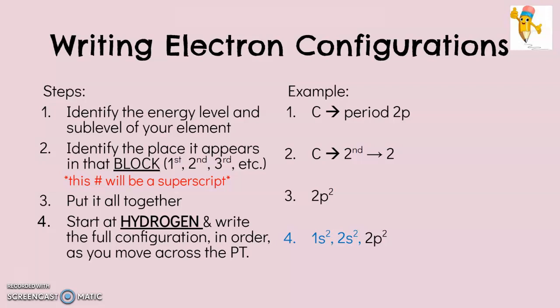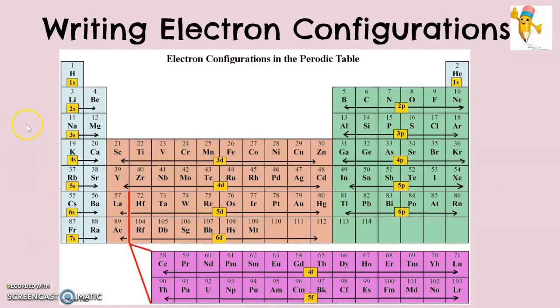So for every element you have to write a configuration for, you would need to include those before your final element, okay? So we know that the configuration is going to end with 2P2, but we have to start at hydrogen. So let's go back and take a look. So hydrogen, this is where we start for every element. And then the element you want the configuration for is where you're going to end. So we start with hydrogen and we end with carbon.